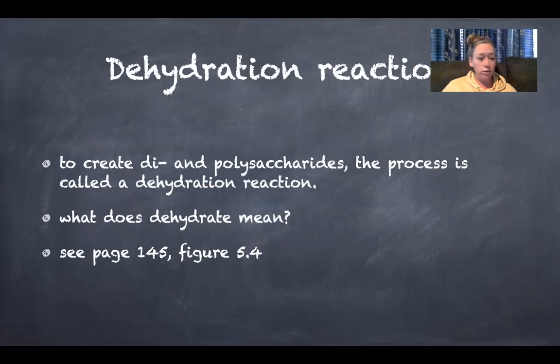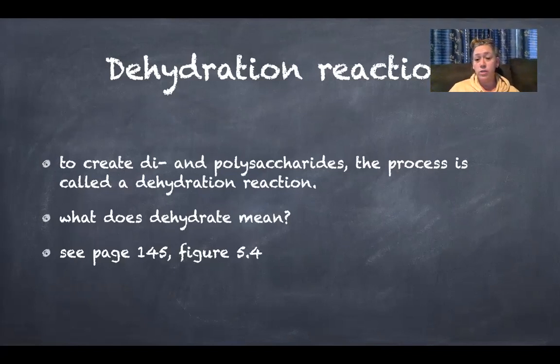Always go back to the module we're looking at: the chemistry of life, and we're talking about organic molecules. In order to create something, biosynthesis, it takes two smaller molecules, two monosaccharides, to create a disaccharide. And the reaction we use is a dehydration reaction.